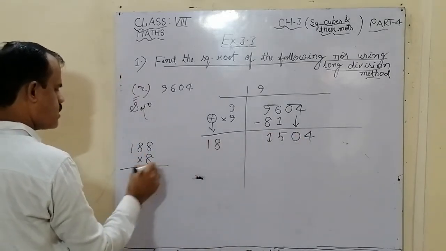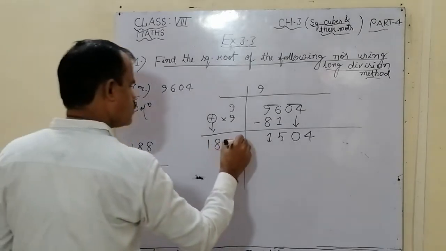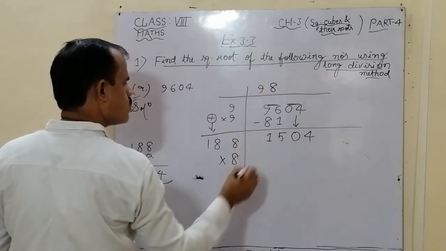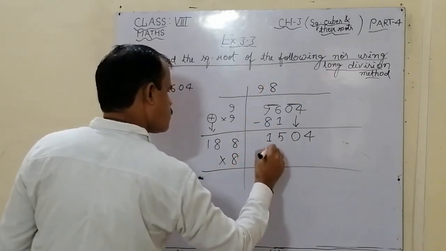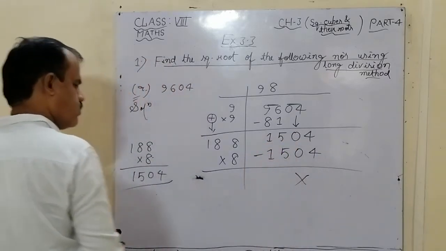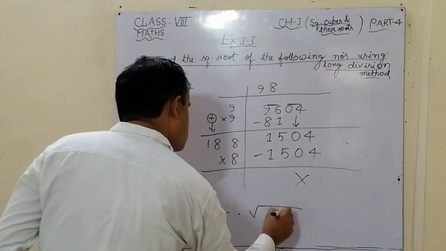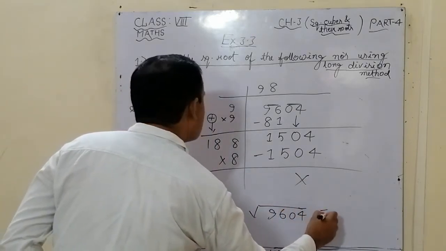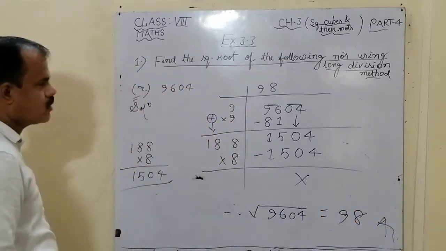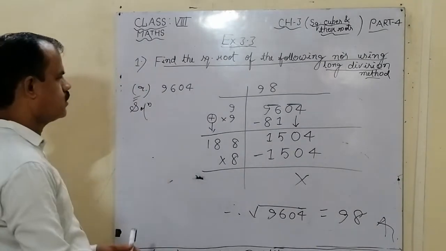When we multiply this, it becomes 1504. So clearly we have to take 8. The square of 8 also, and it becomes 1504. When we subtract, nothing remains. So our final answer is root under 9604 equal to 98. Okay students, in this way you have to solve by the long division method.